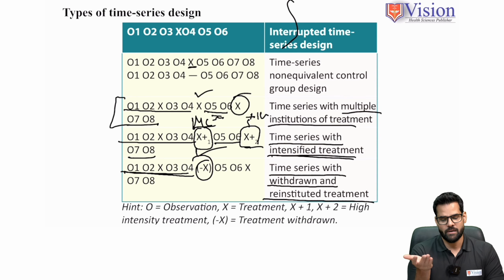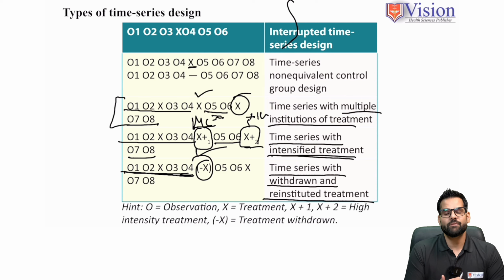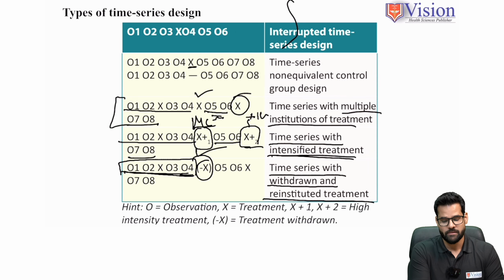If the treatment is not given, what happens? For example, the nurses were observed, and the question was what will happen to the nurses if the timely increment is not given. Initially for 4 months we observed their attrition rate, that is how many nurses are dropping from the hospital, and their appraisal was scheduled in the month of January, which was not given to them, and then again we checked the rate of attrition.